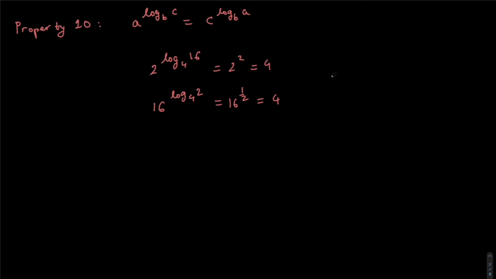Now, let's take a look at a few example questions. All right, so let's look at the first example question after learning the properties. The first one says log 6 plus log x. Because there's no base, we assume there's a base 10.